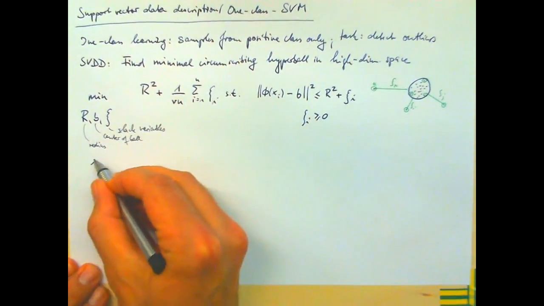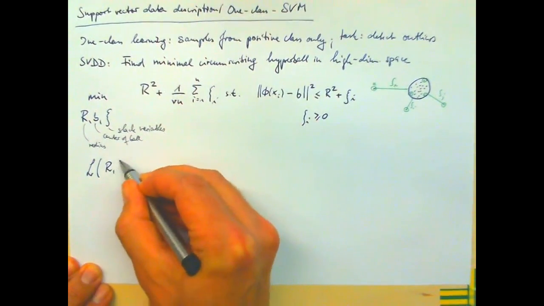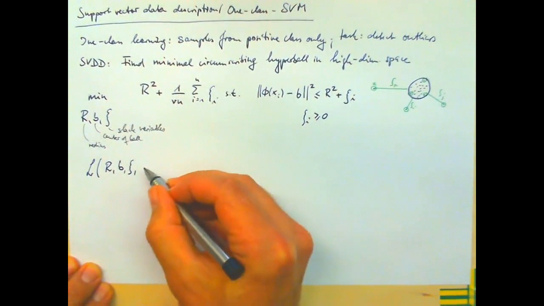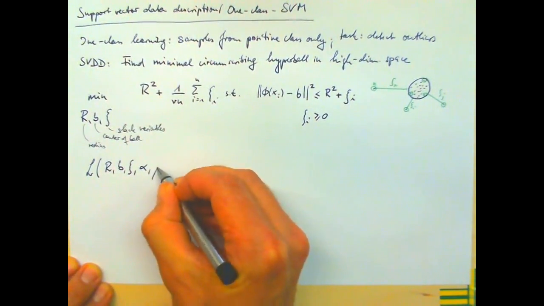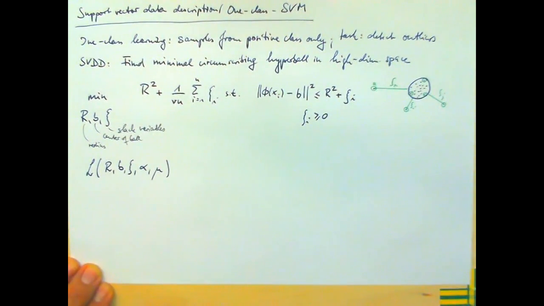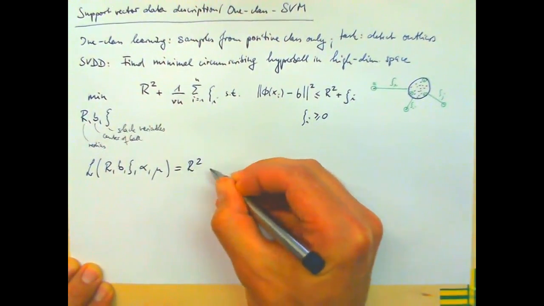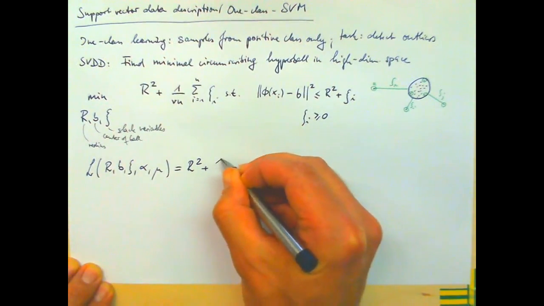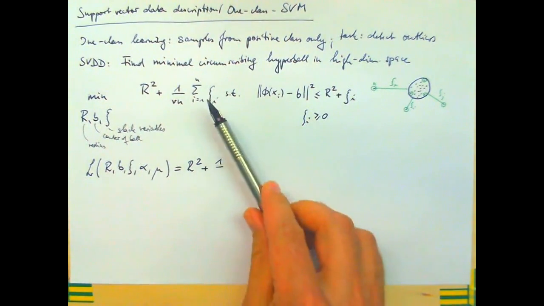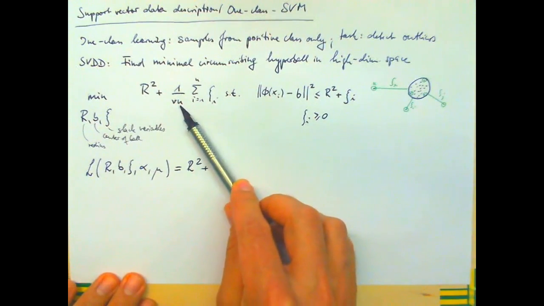And like last time, we build a Lagrangian, which has both these primal variables and the dual variables, the Lagrange multipliers that we use to enforce these two sets of inequality constraints. Last time I weighted the sum of these slack variables with a constant c.